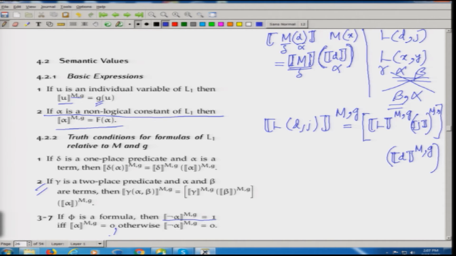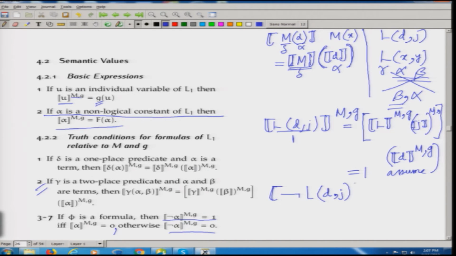Otherwise, it is 0. So, what does it say? For example, I do not know whether D likes J. We do not know whether D likes J, but the point is, suppose this is true, suppose this is 1, then what will be the denotation of neg L D J?